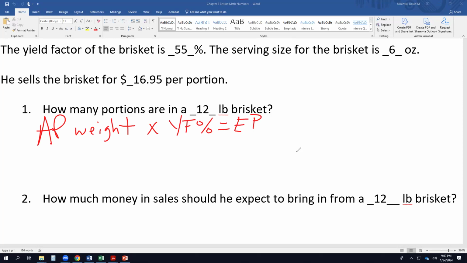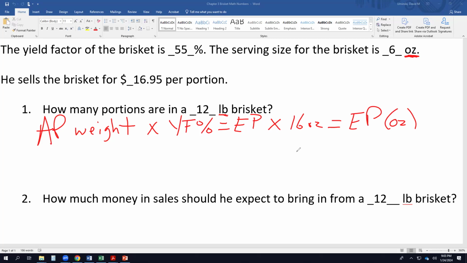Now, what is my starting weight? Pounds, right? What is my serving size? Ounces. Do those two units match? No. So how do we get our units to match? We have to multiply this by 16 ounces, right? And that's going to give us our edible portion in ounces.